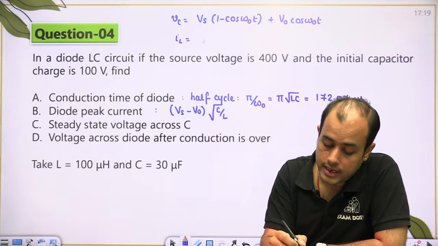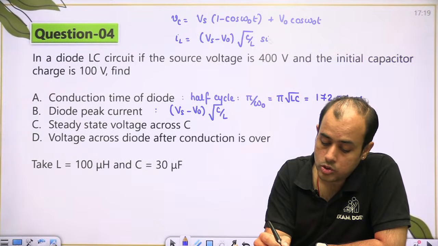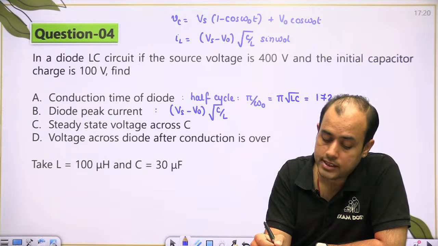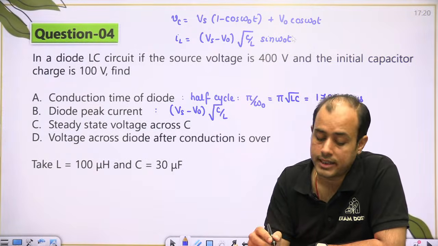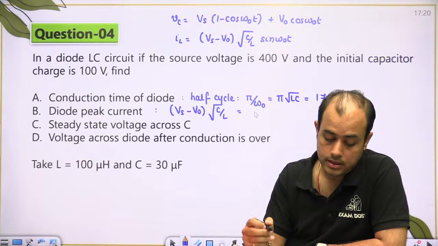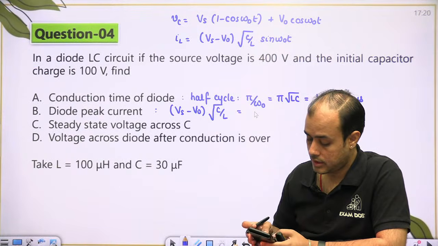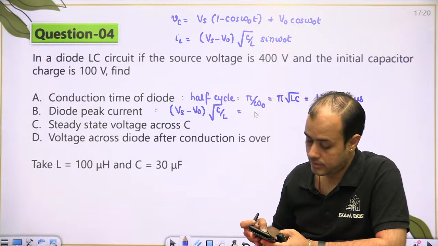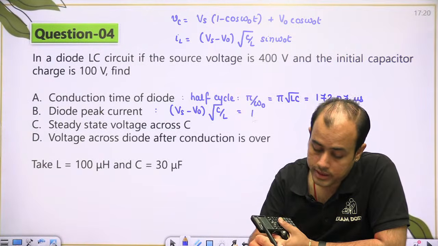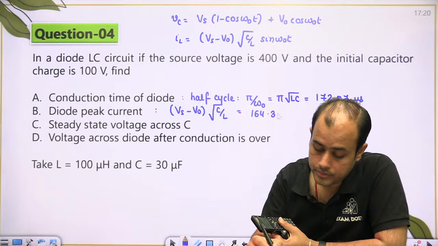Current came out as Vs minus V naught times root C by L. So beta, you must know how to write the equation of LC oscillator. This I have covered in my networks course. So 300 root C by L, 300 under root 0.3, 164.316.